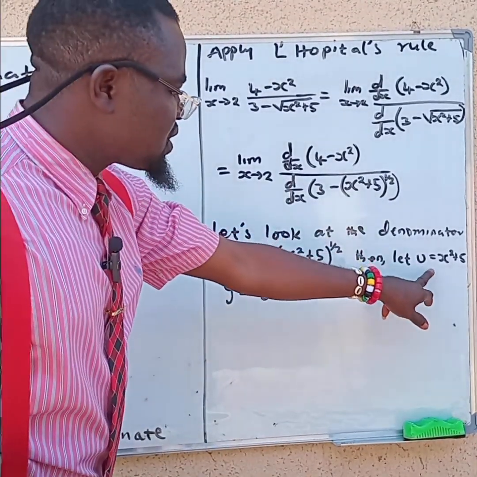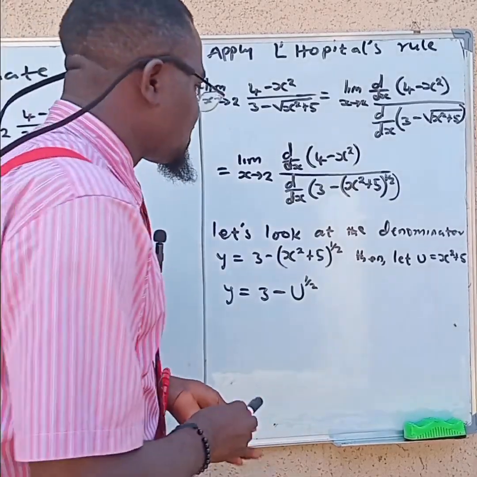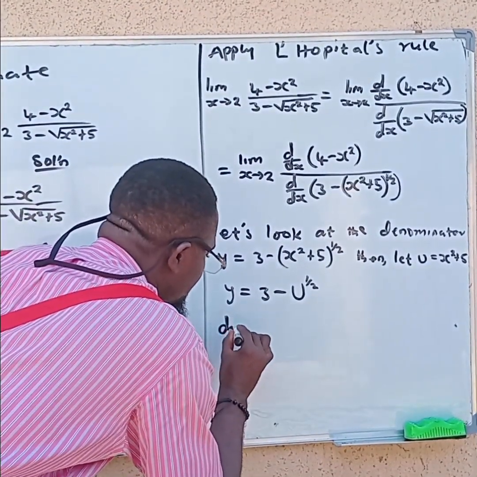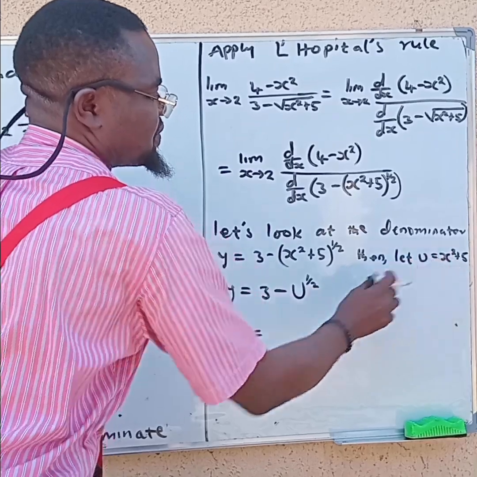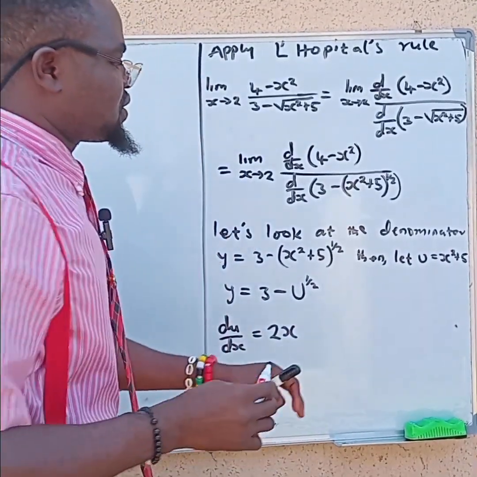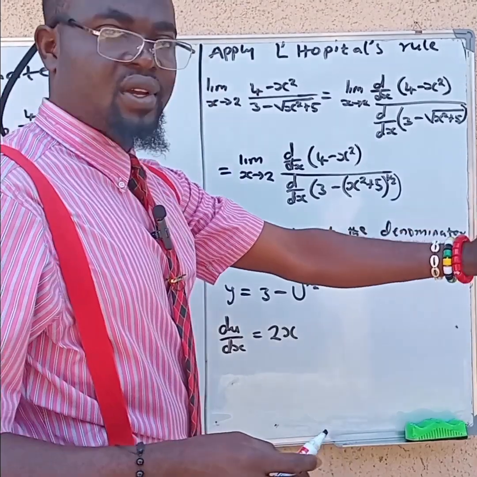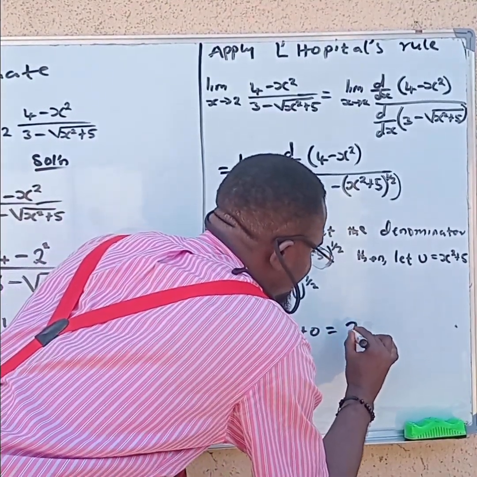Now, I'll differentiate u with respect to x and differentiate y with respect to u. So du/dx of this function will be 2x. Just the same way I told you, this one contains x, this one is constant. So 5 gives 0. You can say 2x plus 0, which is the same thing as 2x.